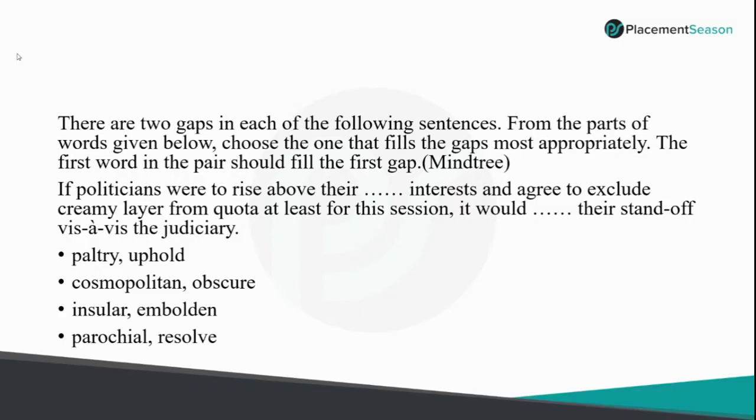So reading the question once more. If politicians were to rise above their address and agree to exclude creamy layer from the quota, at least for this session, it would dash their standoff with the judiciary. And your options are paltry, uphold, cosmopolitan, obscure, insular, embolden, parochial, and resolve.